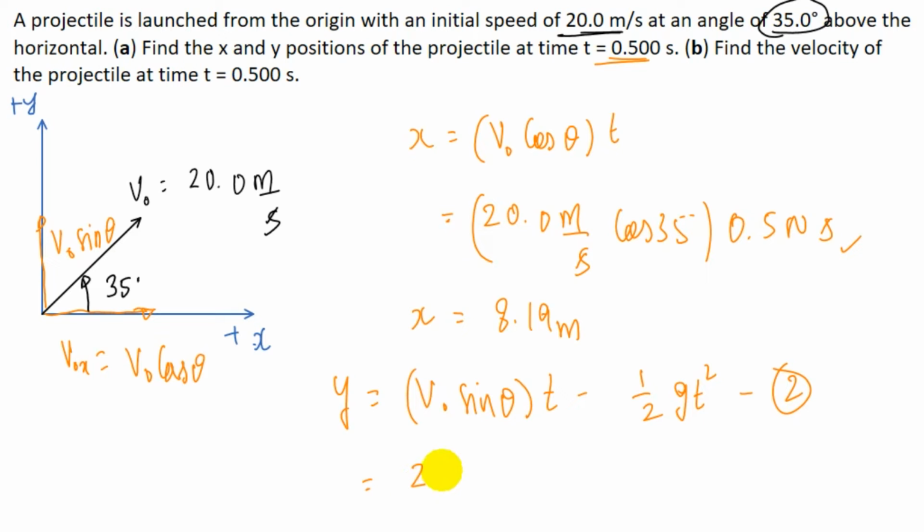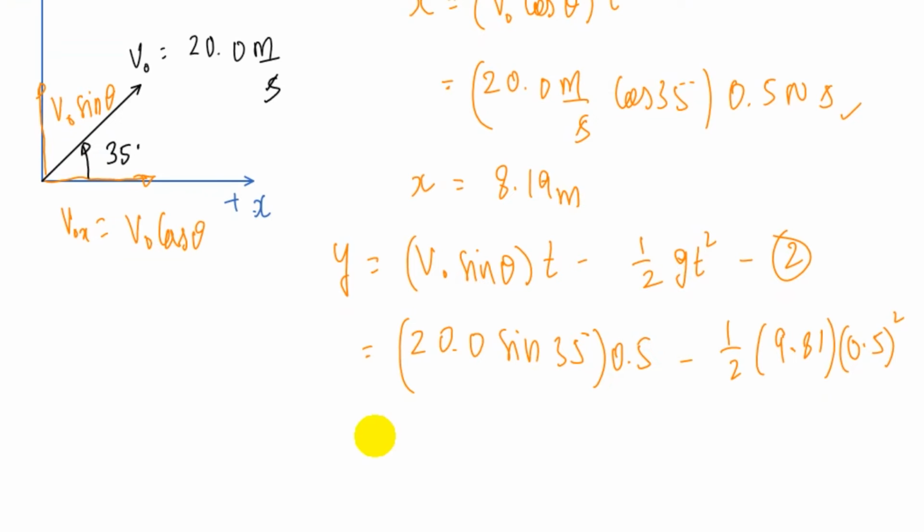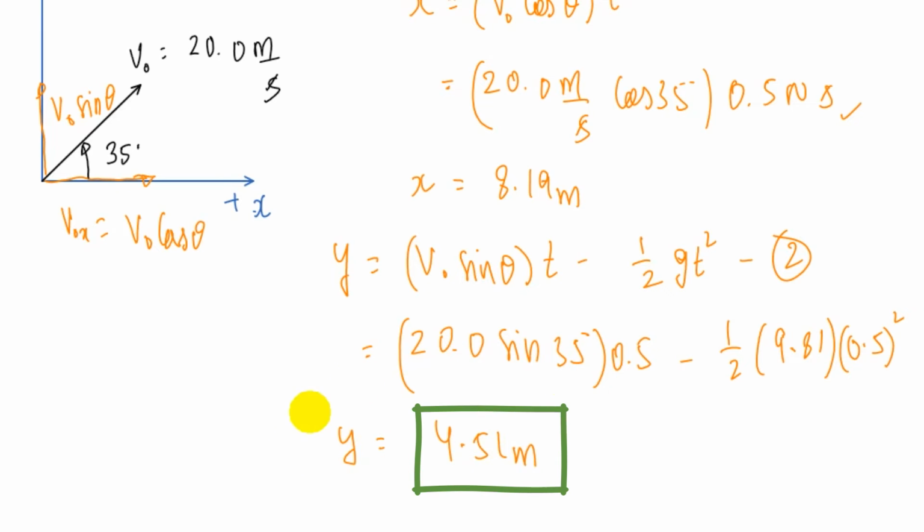So v naught is 20.0, sine theta is 35 degrees, multiplied with time 0.5, minus 1 over 2, g is 9.81, and time is 0.5. Now we have plugged all the values in SI unit, so we'll get the answer in the SI unit. So we'll get this value in meters, 4.51 meter. So this will be the y coordinate and the answer for the A part, right?